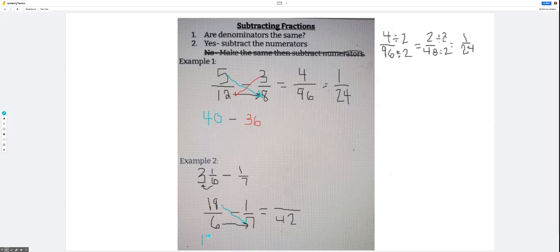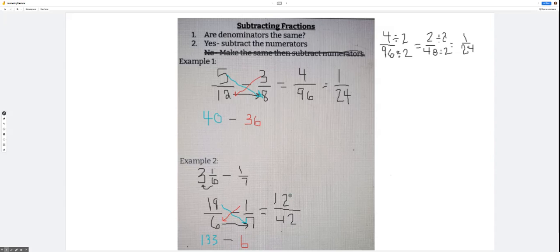If you were doing this on your own, you could use a calculator or you could do scrap paper off to the side. And we're going to do 1 times 6 is 6. And then we subtract. So we have 133 minus 6 is 127.